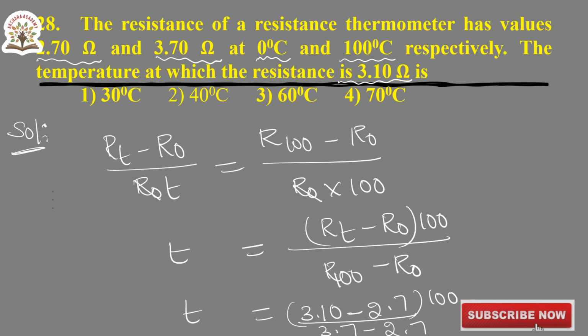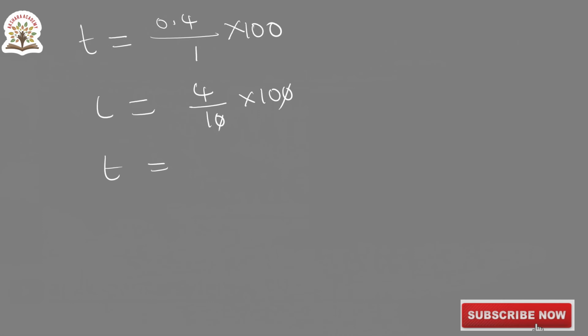So T is equals to 0.4 by 1 into 100. 0.4 can be written in decimal representation as 4 by 10, the 0 gets cancelled, and we are getting 40 degrees centigrade. Therefore T is equals to 40 degree centigrade.